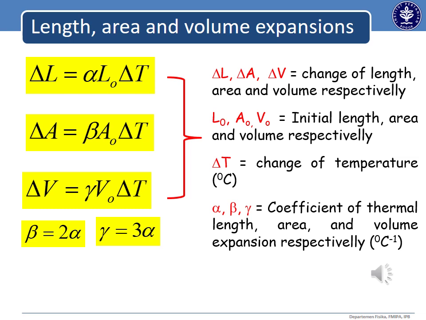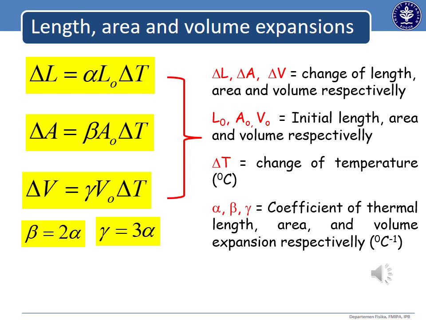Because we have expansion in two directions, suppose x and y. The change of area, delta A, for two-dimensional expansion depends linearly on beta, the initial area A0, and the change of temperature delta T.